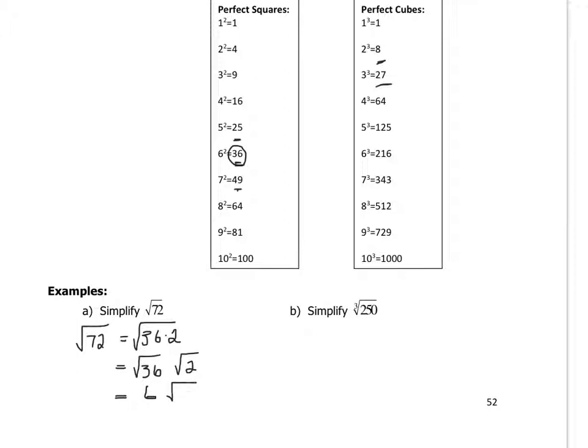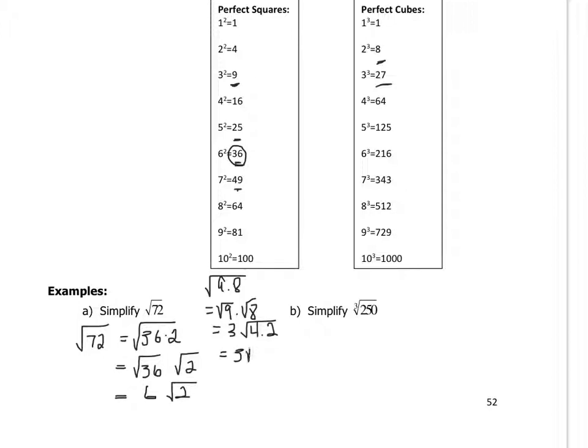which now can be replaced with the whole number 6, root 2. Now, if you didn't take the perfect square factor, because sometimes people will break it down as 9 times 8, you will get the same answer eventually, but you'll have to do a few more steps, because the square root of 9 is 3. But then the 8 can be broken down into the perfect square factor 4 times 2.